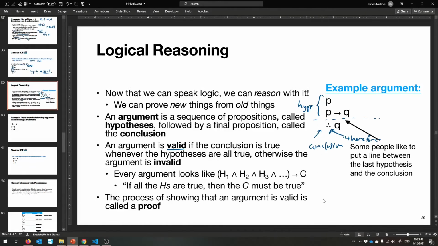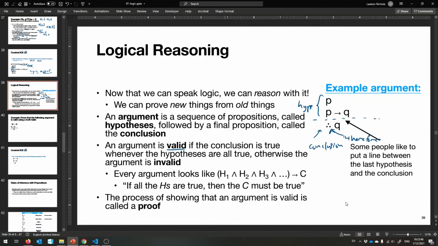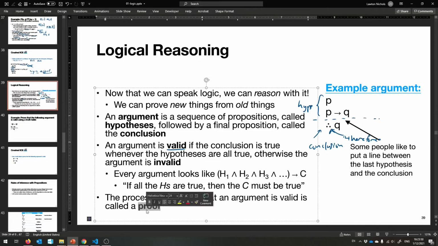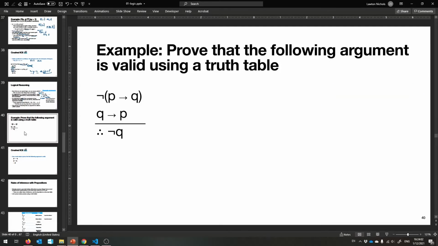Okay, so the process of showing that your argument is valid, that is what a proof is. That's all it is. You have an argument, you show that it's valid, you have proven that thing. Okay, so a lot of new terms, but they are hopefully not too bad. Okay, and this is actually a true statement. It follows from a certain rule that we'll learn about later.